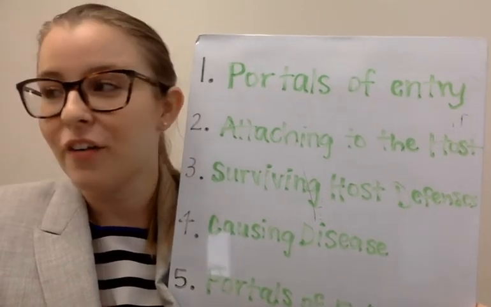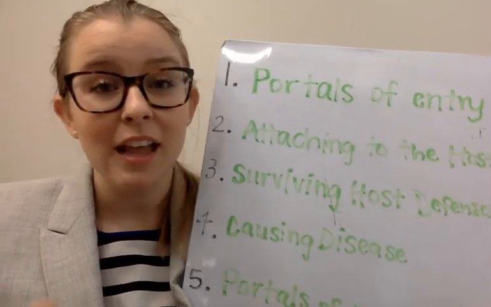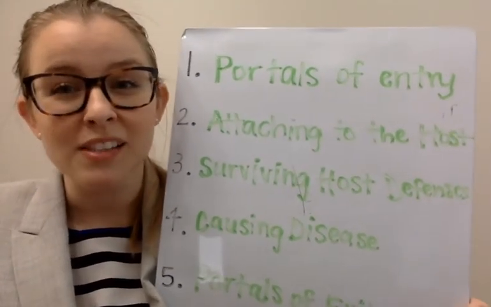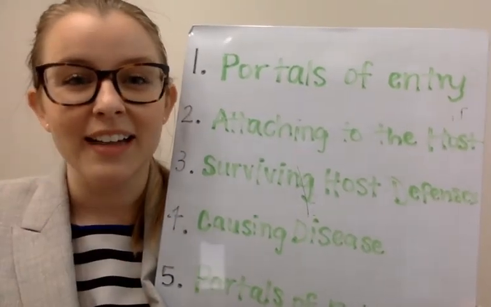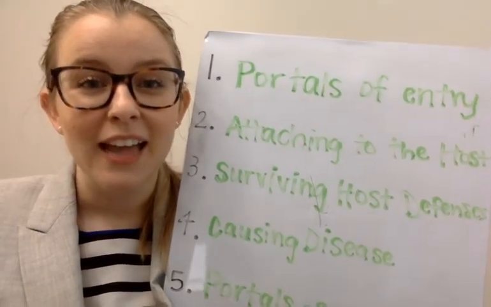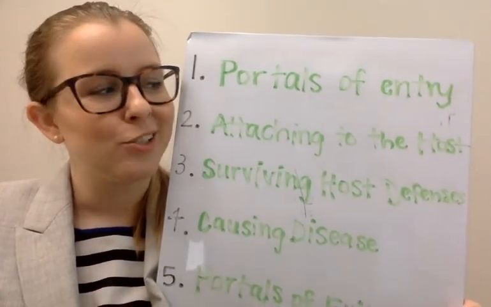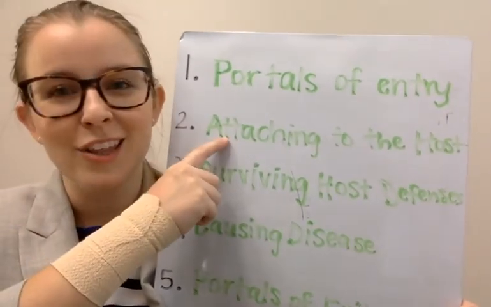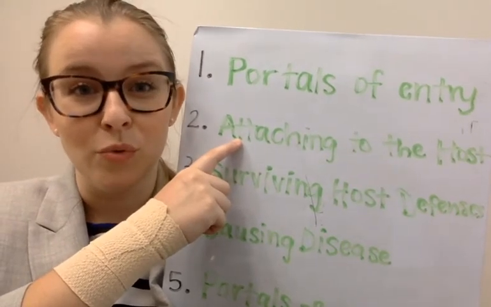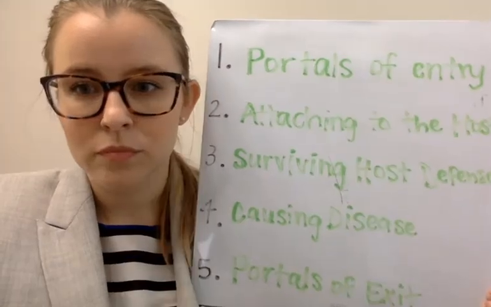You also have things like slime layers and capsules that give bacteria and other pathogenic microorganisms a sort of sticky outer coat that helps them stick and make sure that they are attached to the host, and that way they're able to actually be more pathogenic.